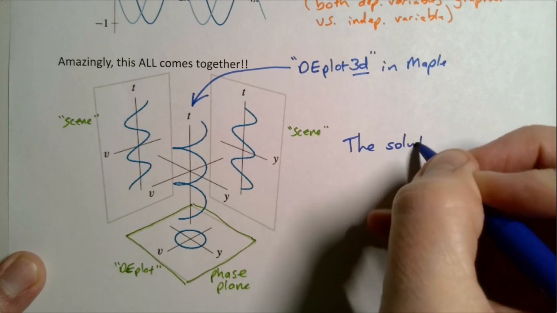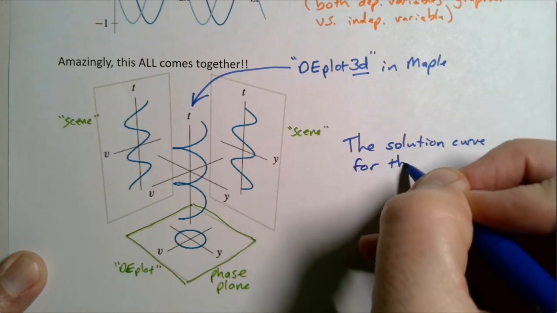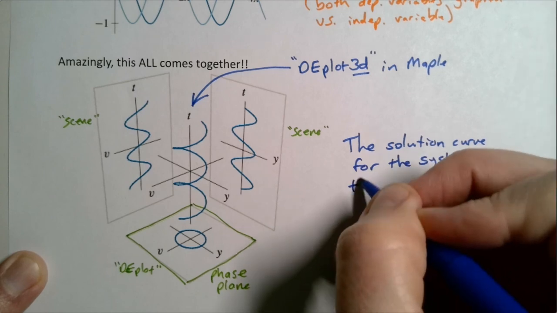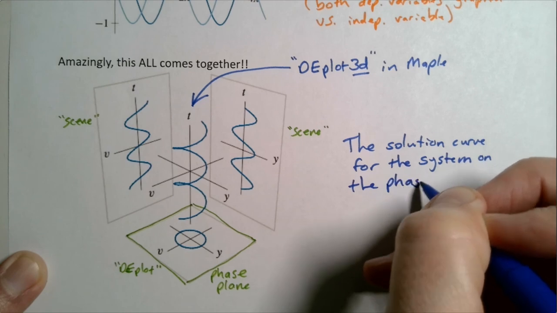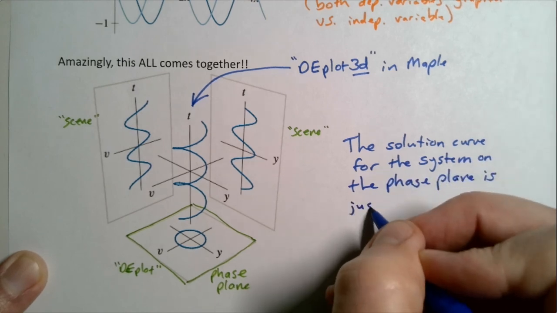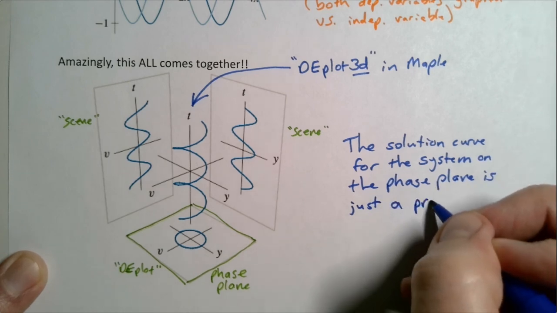And so the solution curve for the entire system, I'm going to make a little note here, the solution curve for the system on the phase plane is just a shadow, or as we would call it in mathematics, a projection.